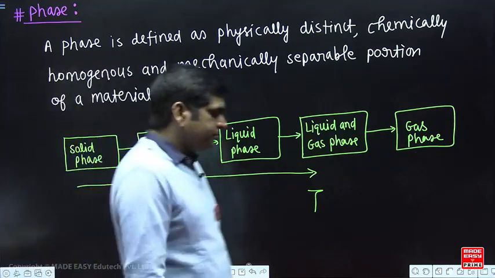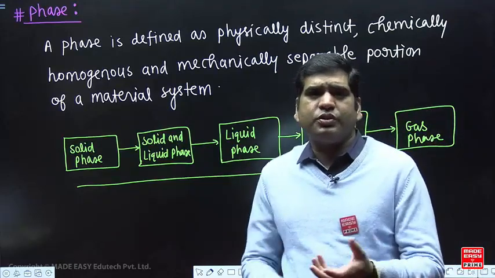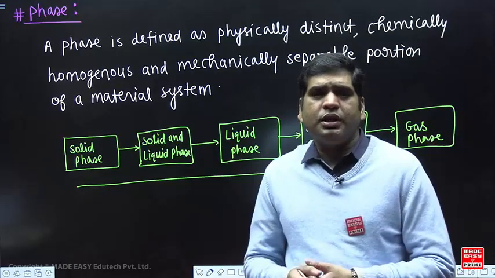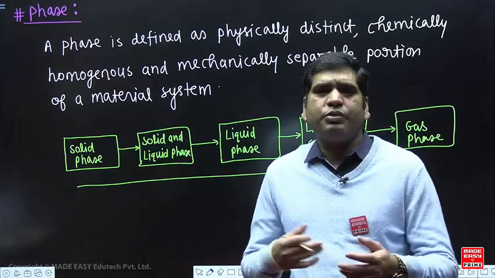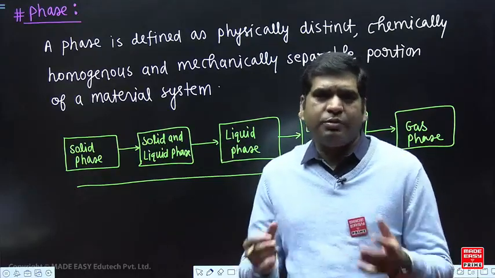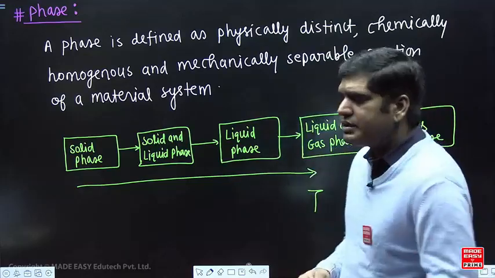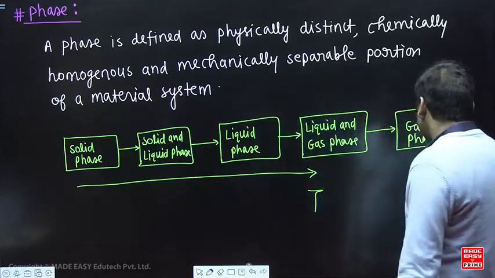Now, system. Every individual material is a system. Let us suppose water. It is existing physically in the environment without any support, without being affected by the environment. So any material which has isolated existence in the environment is known as a system with respect to the material.